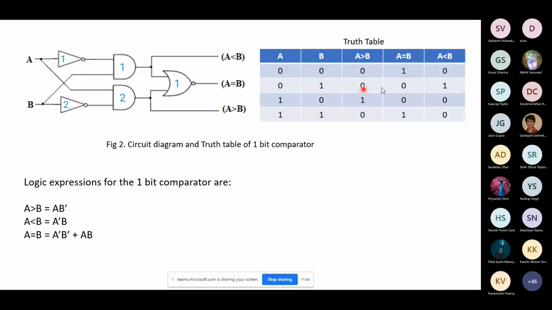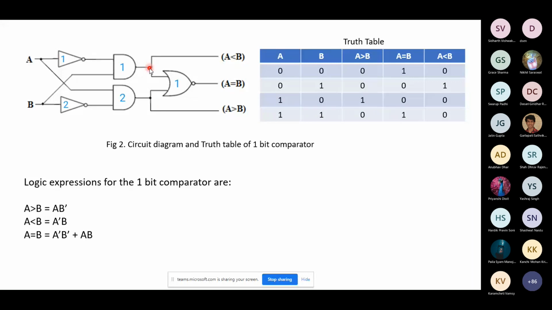Now, when A equals B, you will have two conditions, that is A bar B bar plus AB. You can write it in a sum of products form, and in this circuit you have the A B bar term at the number 2 output, and the A bar B term in the number 1 output.